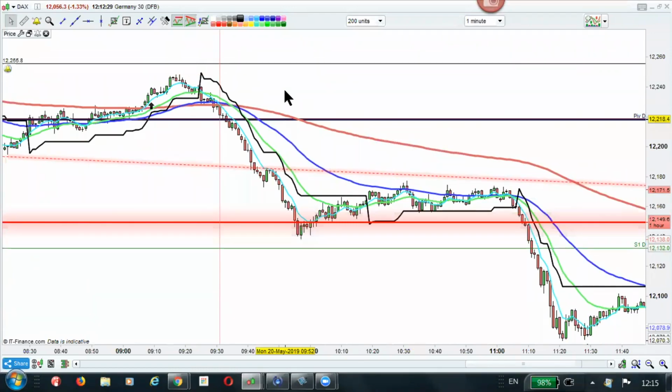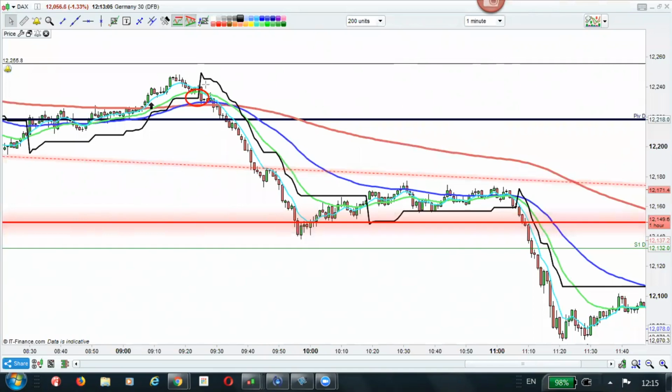Let's go into annotate. Draw. So here was the opportunity to sell, although I did this on the 10 seconds, so I'm going to scroll all the way back in a second and show you that.